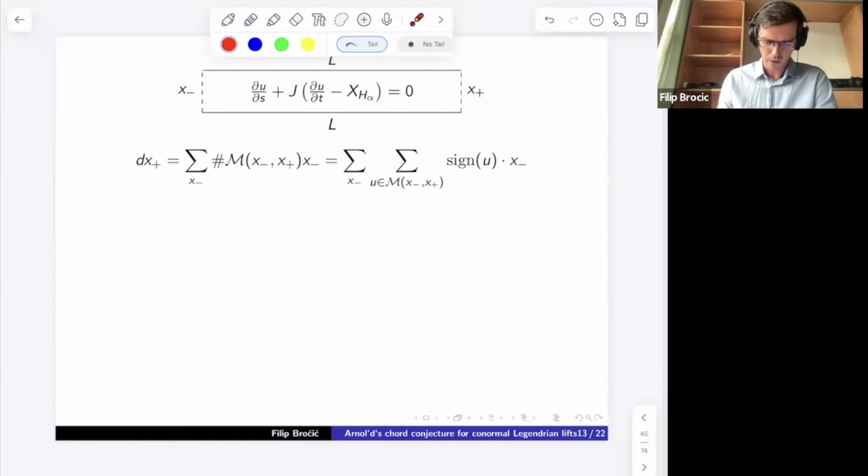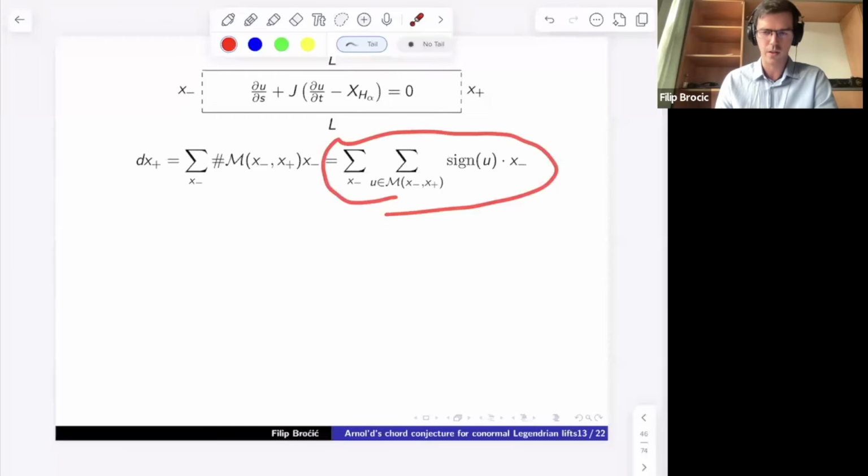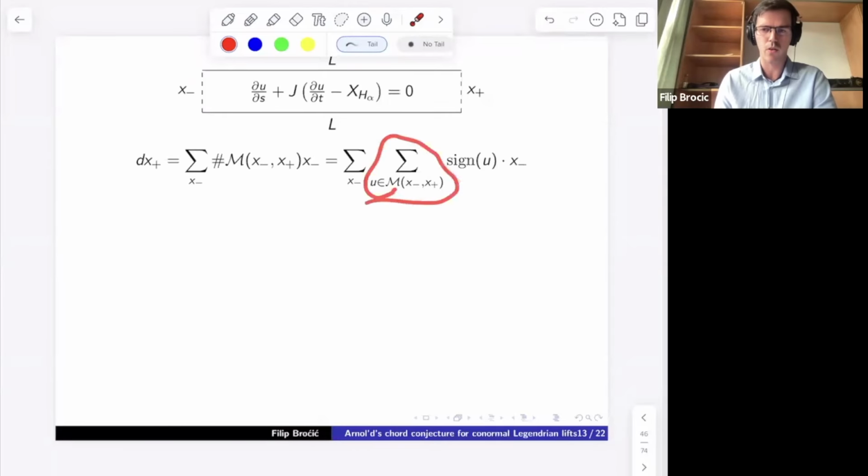For the definition of the differential with local systems, we can write it in this manner. It's a sum over all Hamiltonian chords, then we take the sum over all rigid elements, and each rigid element in the moduli space comes with some sign in front of the generator x minus.